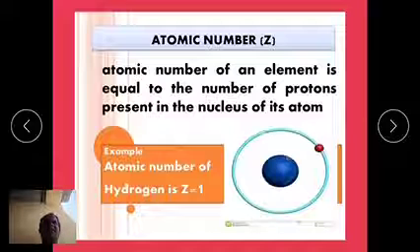The atomic number of an element is equal to the number of protons present in the nucleus of an atom.